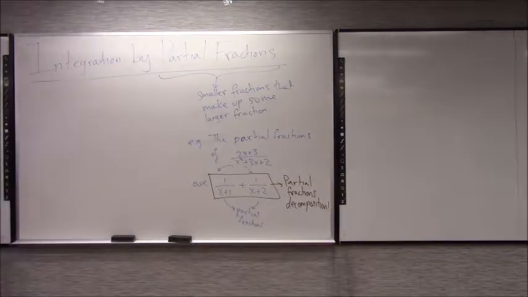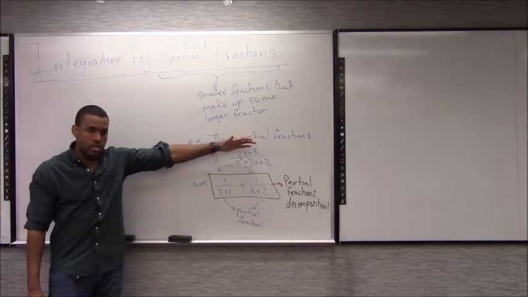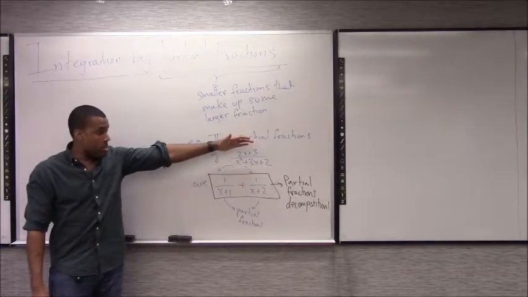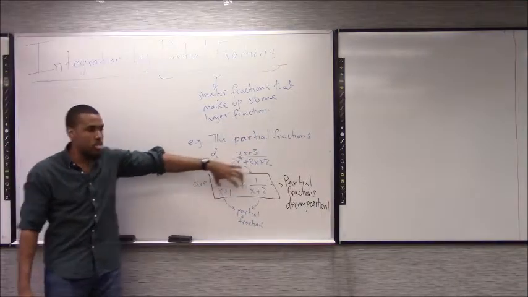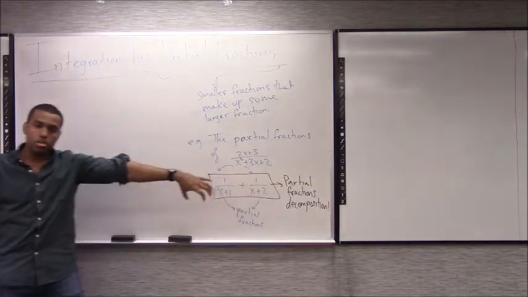So that's the idea. So we're going to do integration by partial fractions. Given some bigger fraction, we will describe a method by which you can take that bigger, more complicated fraction and break it down into smaller, simpler fractions called partial fractions.